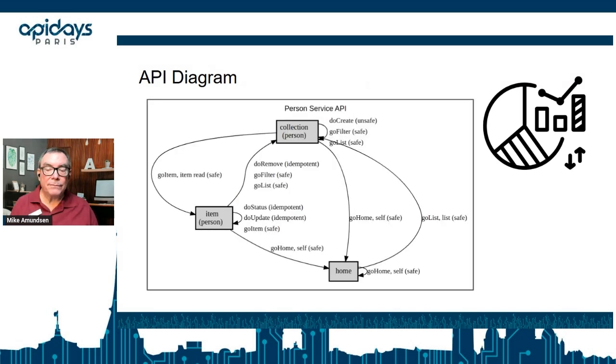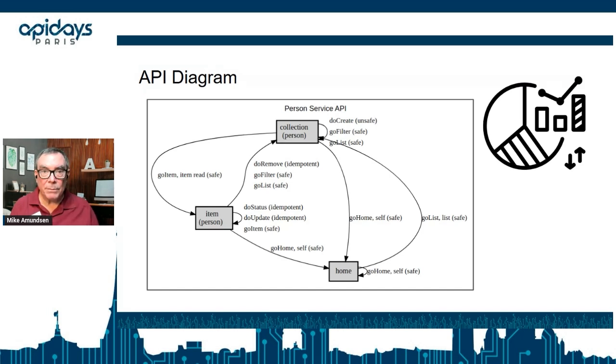Here is an example of diagramming that same person API we've been looking at earlier, both through vocabulary and through story. Notice there are connections to things and there are activities that you can do along the way in each location. Some of them actually advance from one state to the next, collection and item and person and go and do and so on and so forth.